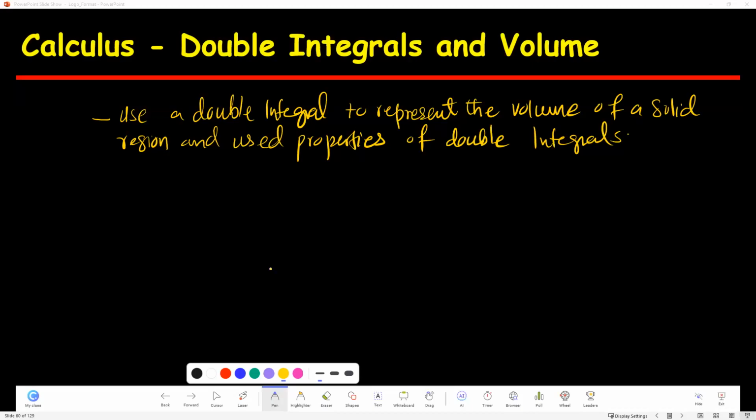Okay, so what exactly they are saying is we're going to be using double integral to represent the volume of a solid. It means if I have a solid like a pretty much trapezoidal shape kind of thing, it's like this shape. How can I find the volume by using double integral? Maybe the trapezoidal is a bit different.